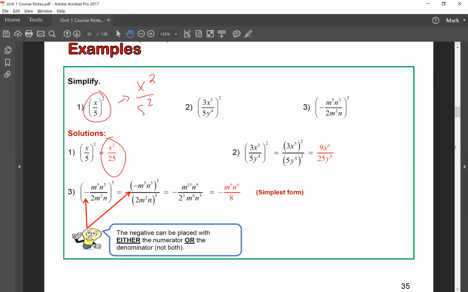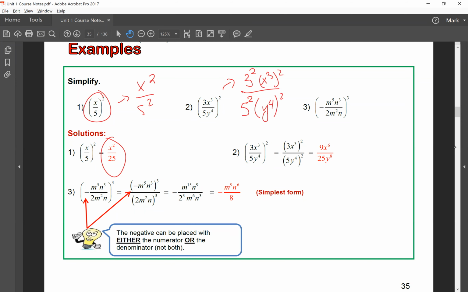Example 2 is kind of our middle of the road difficulty. There's some extra things going on with number 2. I'm going to break this down a little bit more than the book. I'm going to square the 3. I'm going to square the x cubed, and you'll notice I put that in brackets. I'm going to square the 5, and I'm going to square the y to the power of 4.